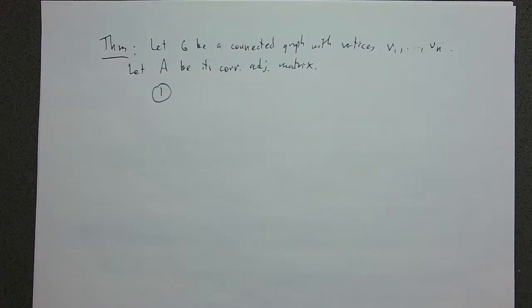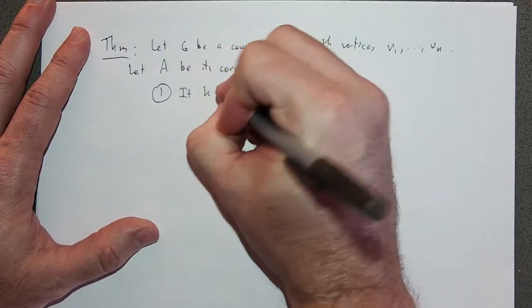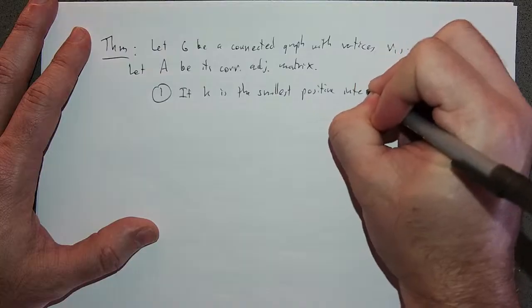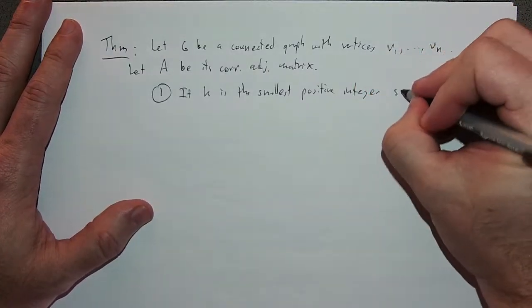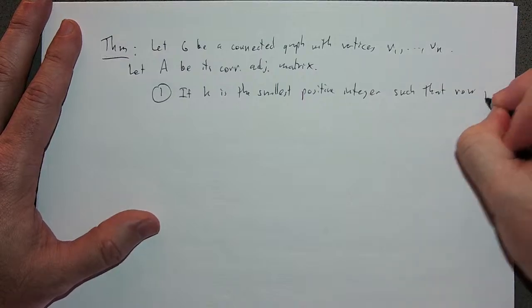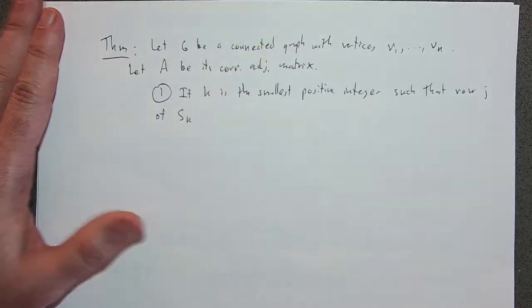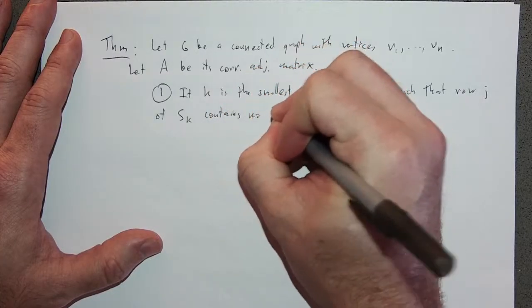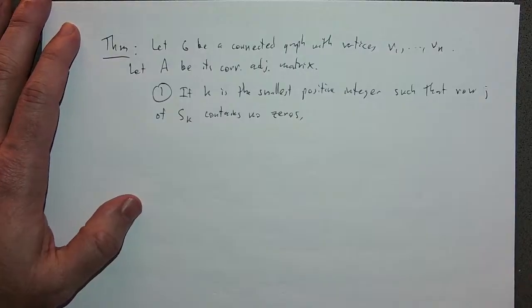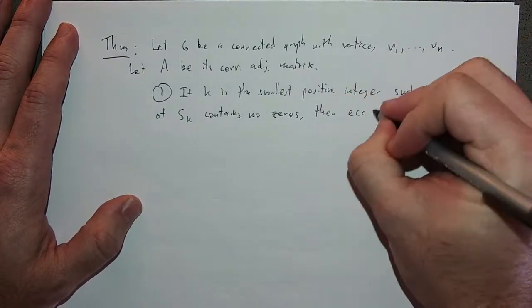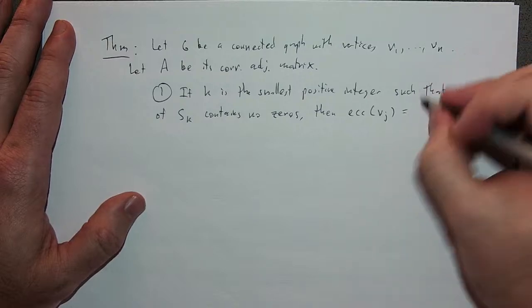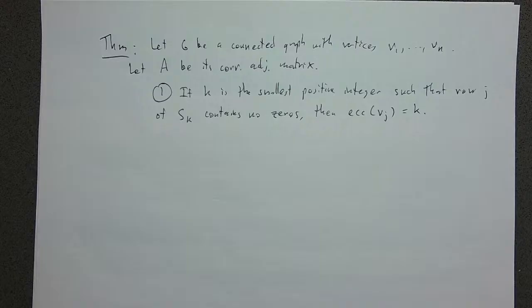If K is the smallest positive integer such that row J of S sub K contains no zeros, then the eccentricity of the vertex V sub J corresponding to that row is K. We're going to prove this.